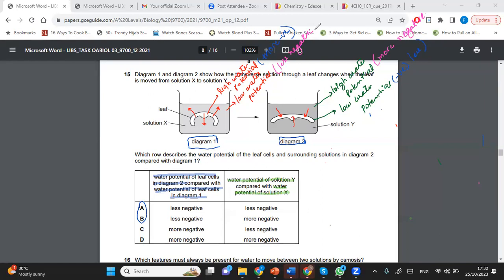Since the solution has a lower water potential, we can see that solution Y is more negative, solution X is less negative. So our answer over here should be option B.